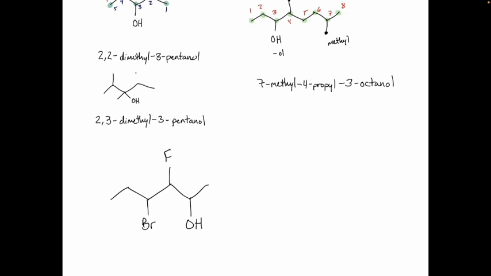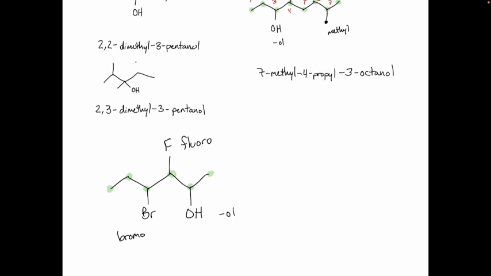All right, so we find that longest continuous set of carbons. 1, 2, 3, 4, 5, 6. We're going to name our functional group. So again, that OH group gets that ol suffix. What do we call the fluorine? Fluoro. And what about the Br? Bromo. I'm going to number 1, 2, 3, 4, 5, 6.